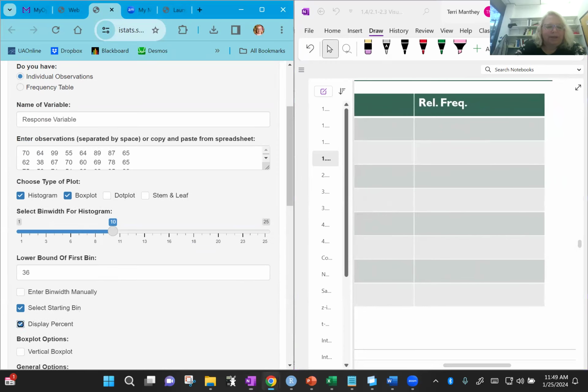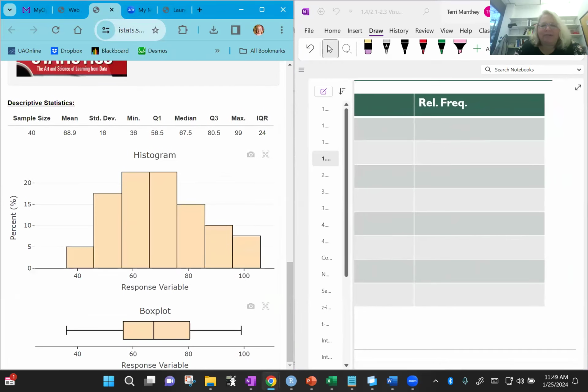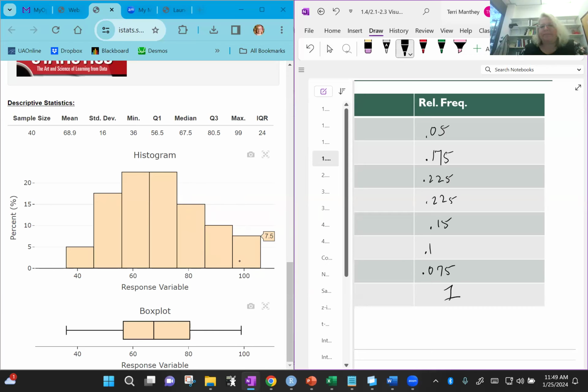So we can go over these. And this is 5% or 0.05. Roll over this, 17.5%, 22.5%, 15%, 10%, 7.5, which is 0.075, and the total should be 1.